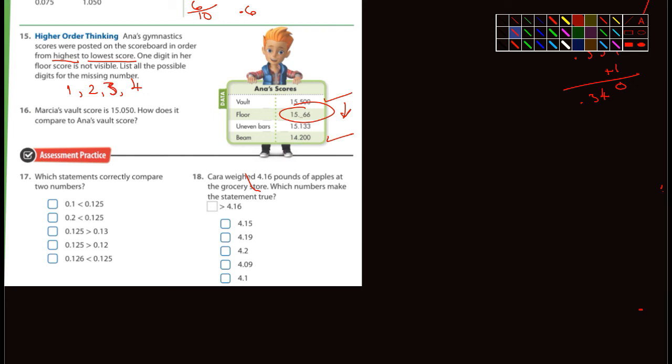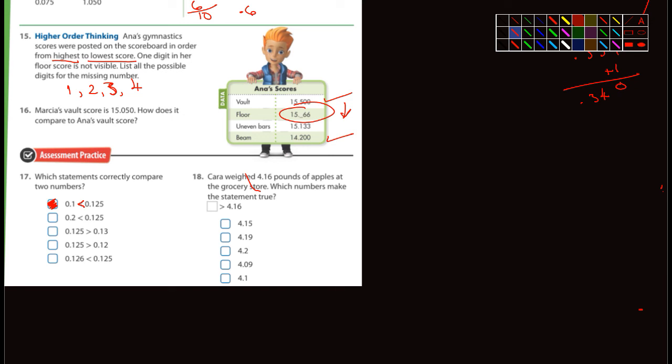And check which statements correctly compare two numbers. Well, 0.1 is less than 0.125. That's true. Okay. 0.2 is less than 0.1. No, it's not.